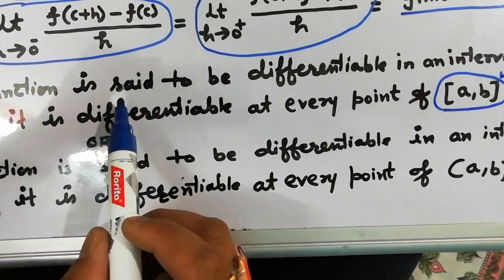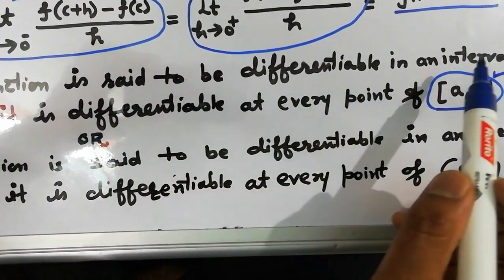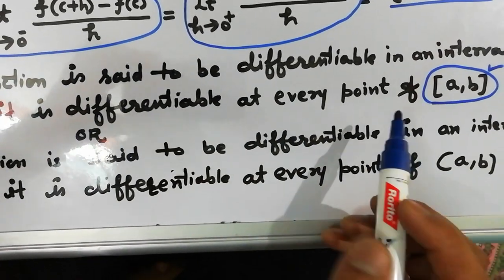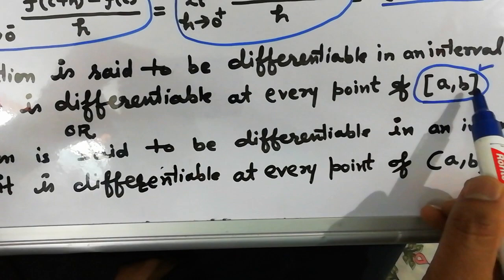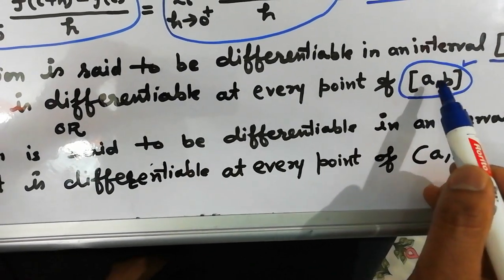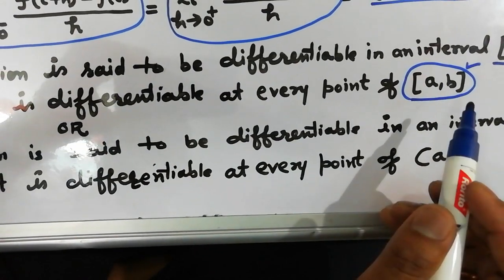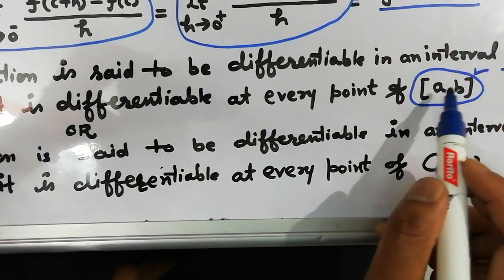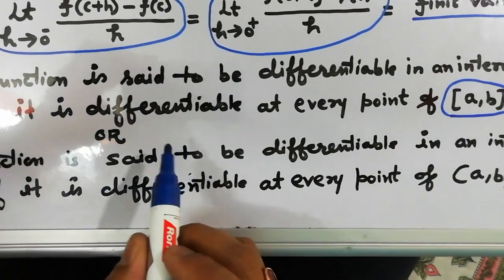Closed interval means we are including the values of A and B also, and all the values that lie between A and B. Then the function is differentiable at every point of the closed interval AB.